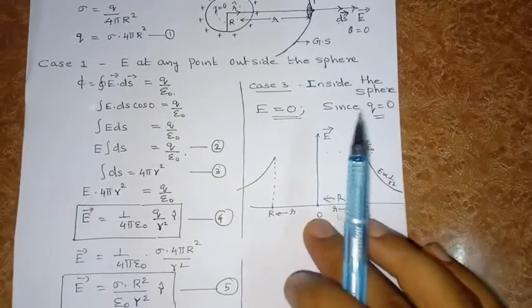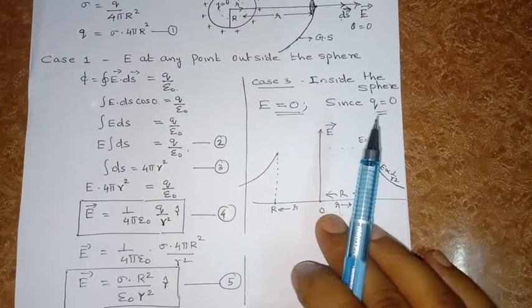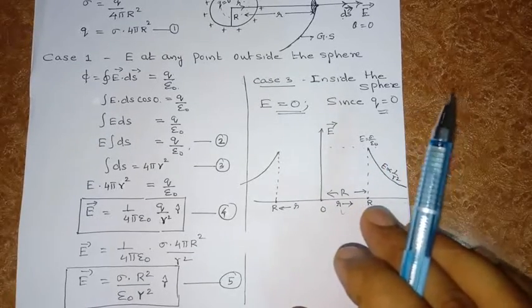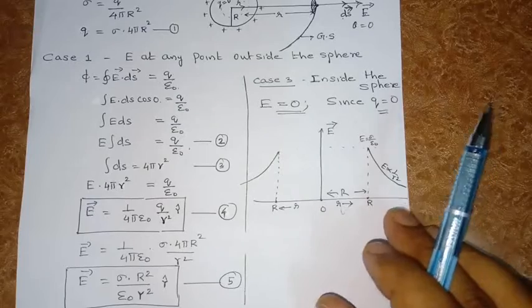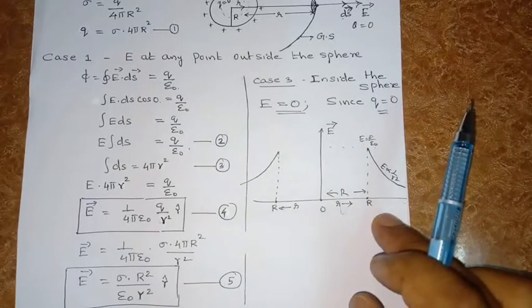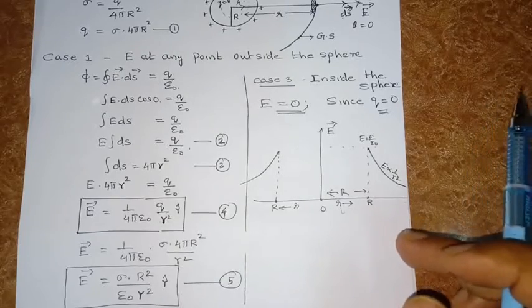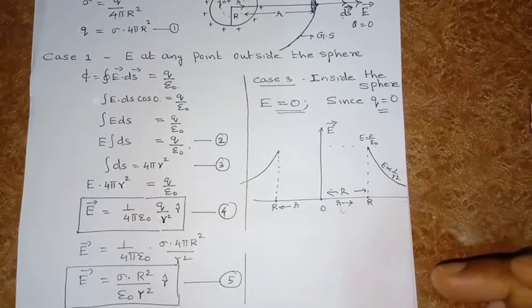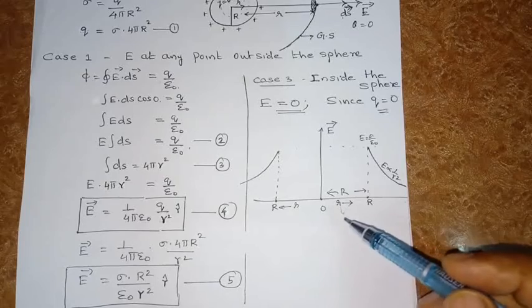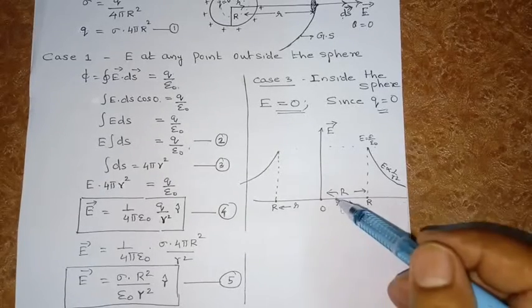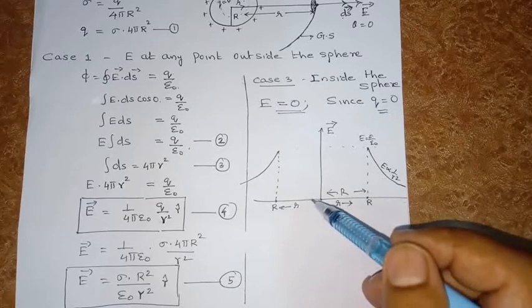So this graph shows the variation of electric field due to a charged conducting hollow or solid sphere. Actually, this is not a two-dimensional graph, it's a three-dimensional graph. Because we are not able to draw a three-dimensional graph on paper, we are just drawing a two-dimensional graph only. But you can imagine that this is a three-dimensional representation.